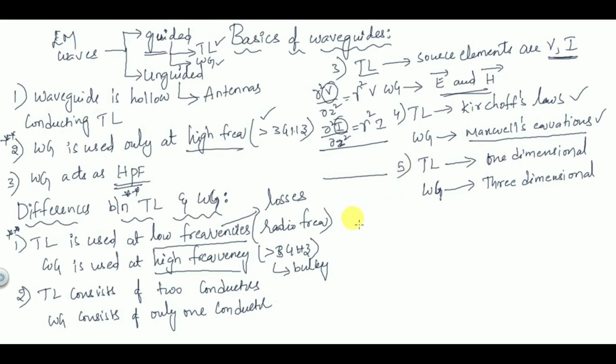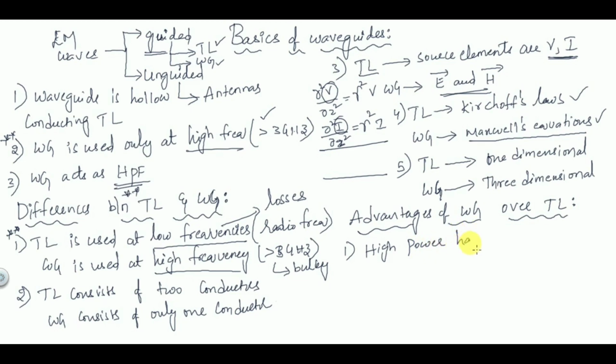Okay, so what are the advantages of a waveguide over a transmission line? The first advantage is high power handling capability. A waveguide will handle more power compared to a transmission line.